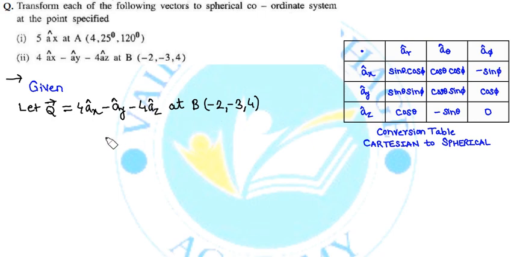So very firstly, we have to convert your point B, which is in the Cartesian system, -2, -3, and -4, into the spherical coordinate system.